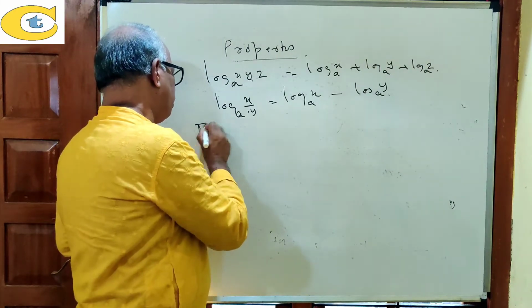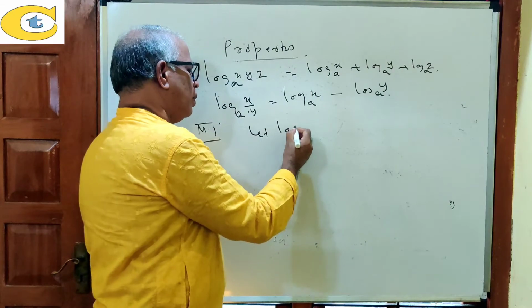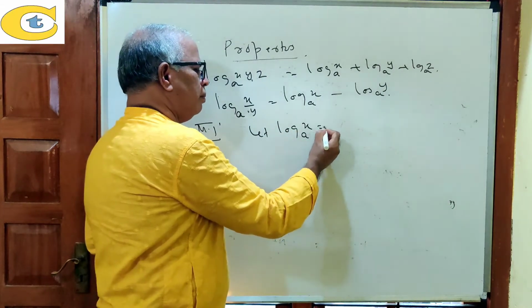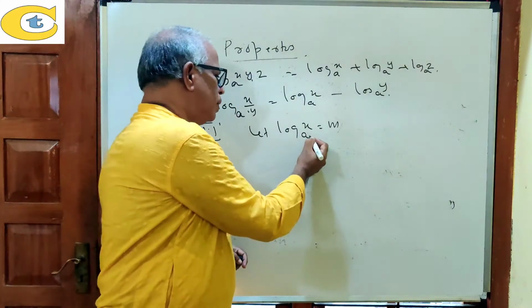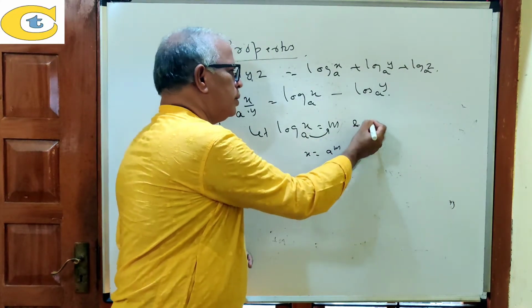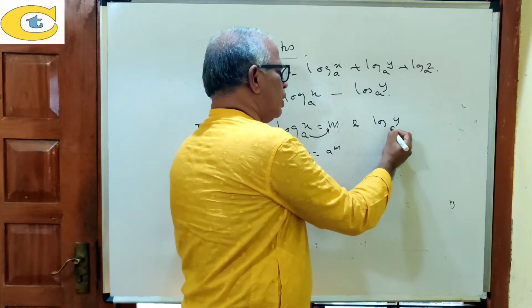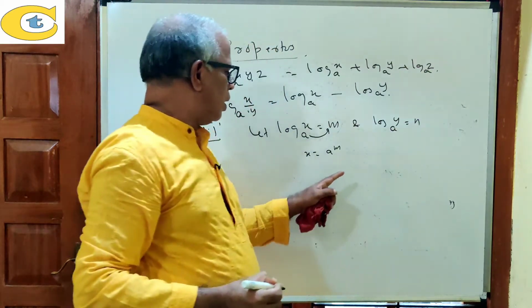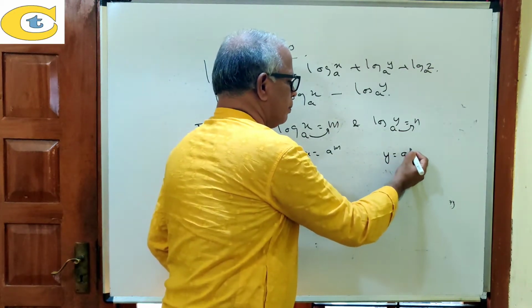Let log x to the base a is equal to m. That is, how do you write it? It goes like this: x is equal to a raised to m, and logarithm of y to the base a is equal to n. Y is equal to a raised to n.